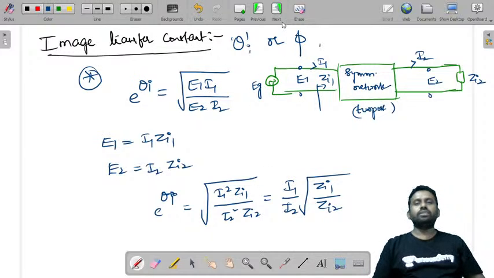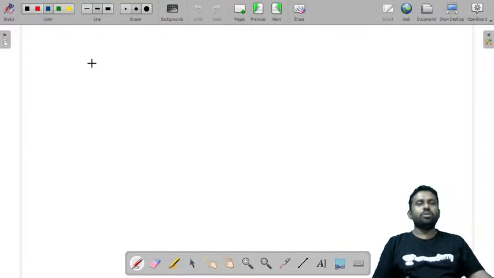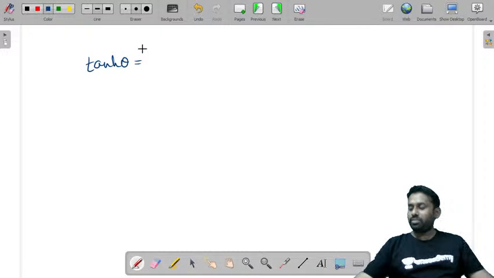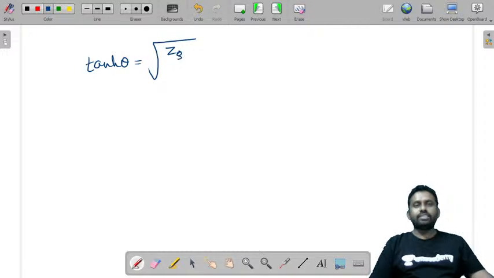Finally, because this is a crash course, we may not be able to derive all things, so you finally get tanh theta is equal to under root of ZSC2 by ZOC2.